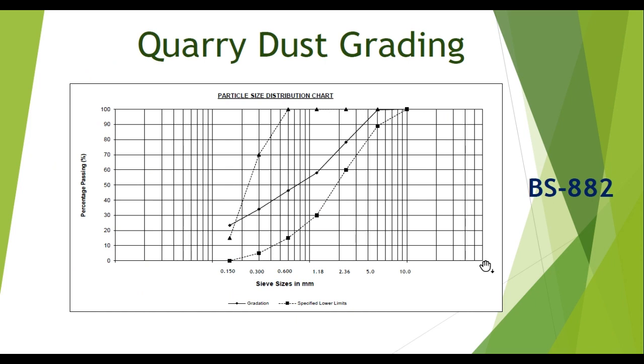This is a normal specified grading for the fine aggregate for the concrete according to BS 882. You can see the quarry dust grading is out of that envelope. Normally, the 0.150 millimeter portion of the grading is out of the envelope.